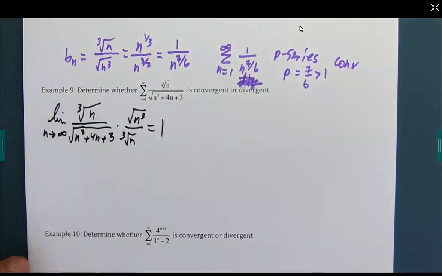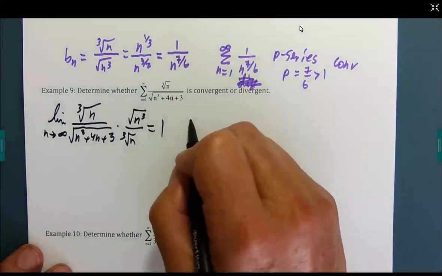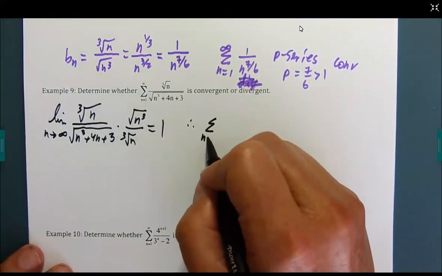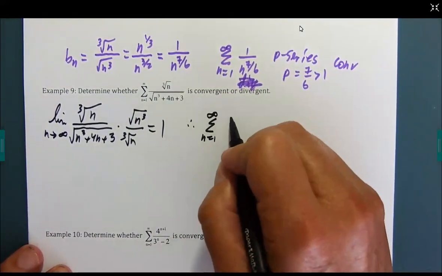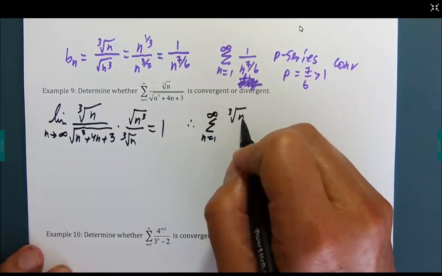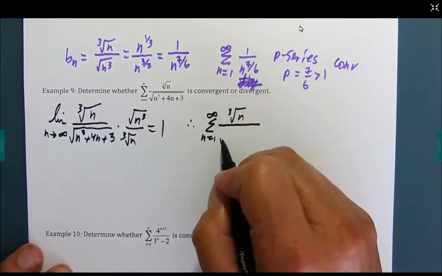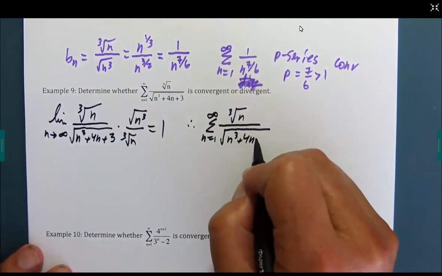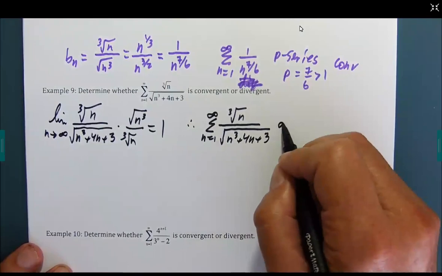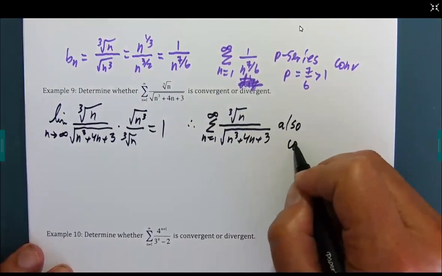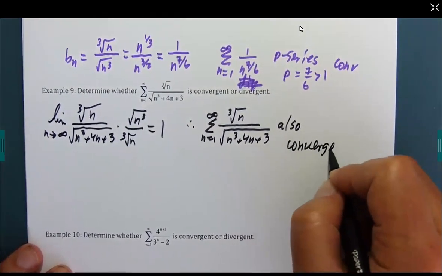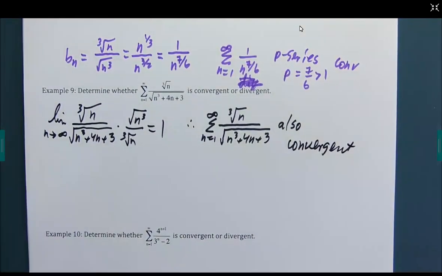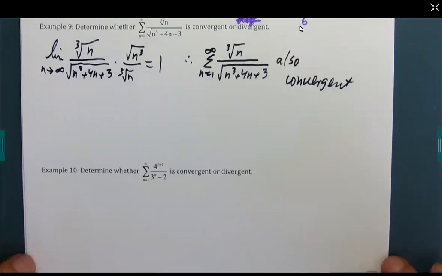Which means that limit, once again, exactly goes to 1. Making this also convergent. Not too bad. Now we have our last one here.